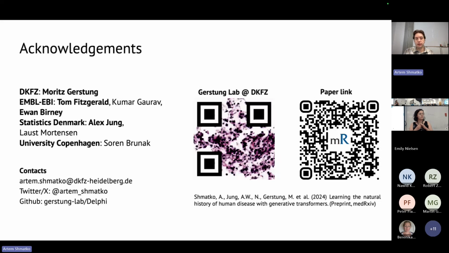Whatever additional data is available, it's only the question whether we have enough of these data of other modalities to train the model. But technically, yes, it's definitely possible, and we are working on it right now.